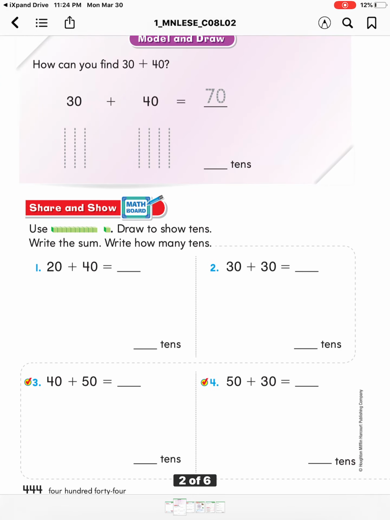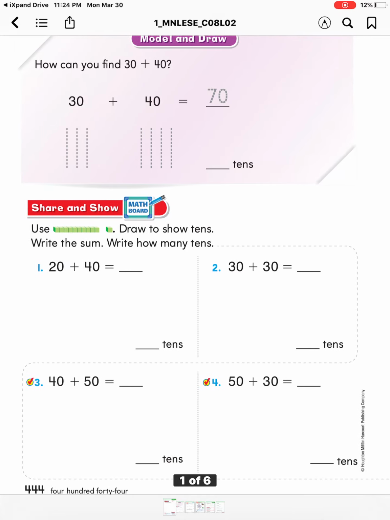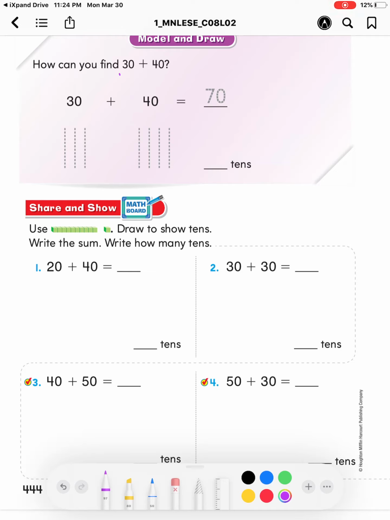Page 444. Okay, now here, how can you find 30 plus 40? How can you find it? How can you write it? 30 plus 40 using only tens.